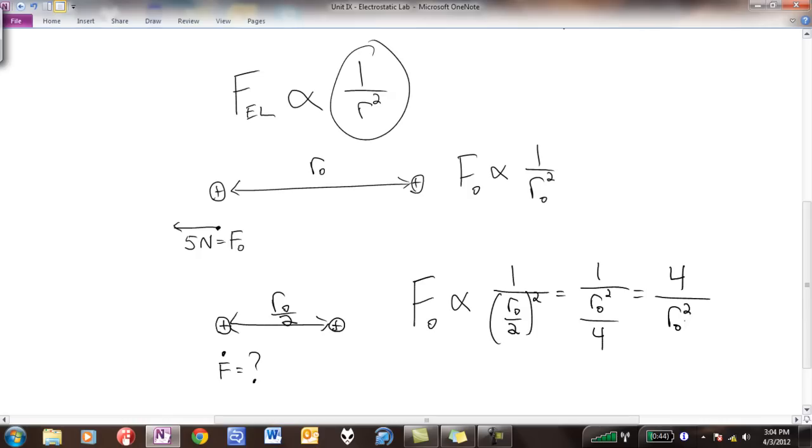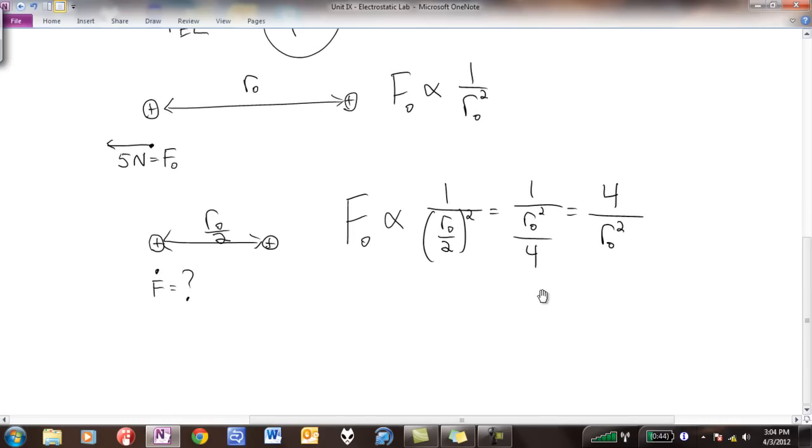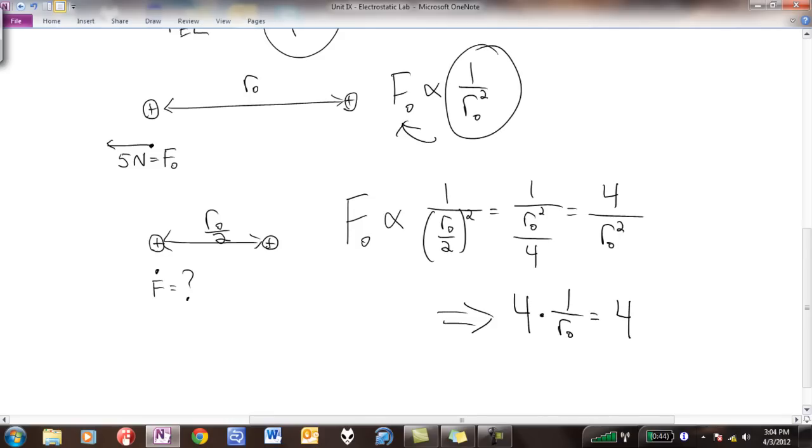Now you might be looking at this, you're like, what is this telling us, Mr. Z? What are you actually saying in this case? Well, if I had to rewrite this, I can rewrite this as 4 times 1 over R naught squared. Or in other words, this is 4 times, remember, 1 over R naught squared is the original force value that I had.